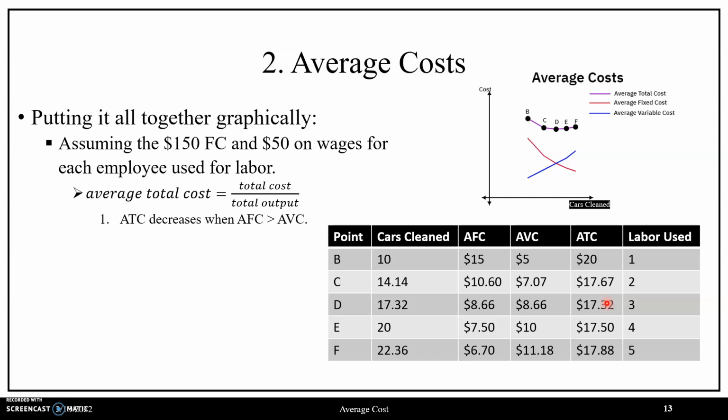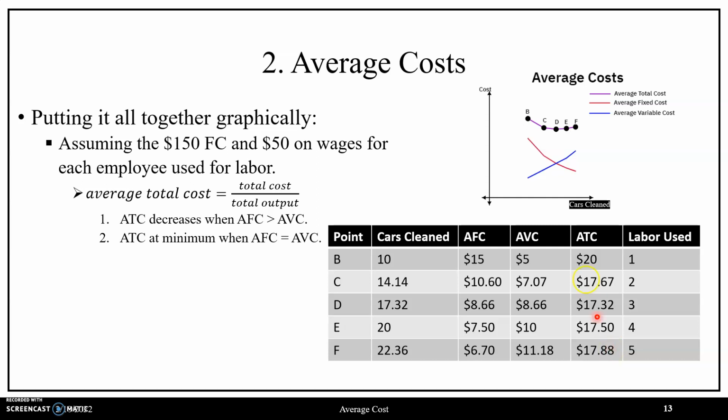So average total cost will be decreasing when average fixed cost is greater than average variable cost, where upon inspection we see that at point D, this is when average fixed cost and average variable cost intersect. So this is going to correspond to a minimum point in regards to average total cost, which we can see holds true in our table representation, where $17.32 is going to be the smallest amount in terms of average total cost given points B up until point F.